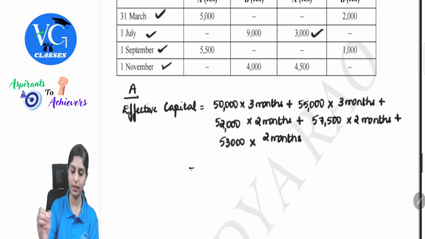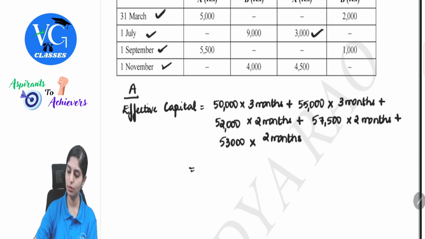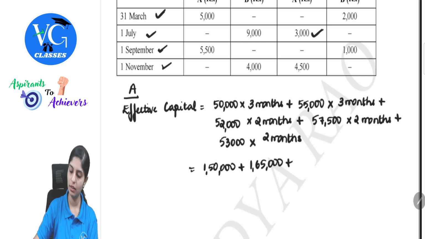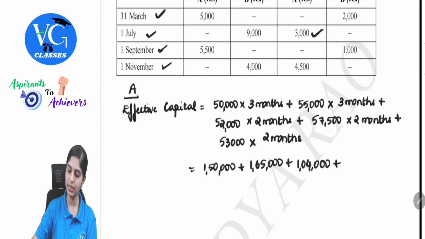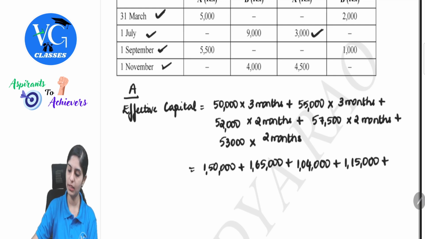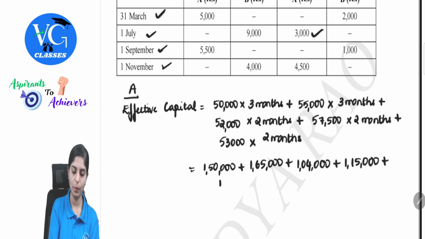Now let's find the effective capital. 50,000 into 3, this will be 1,50,000 plus 55,000 into 3, 1,65,000 plus 52,000 into 2, 1,04,000 plus 57,500 into 2, 1,15,000 plus 53,000 into 2, 1,06,000.